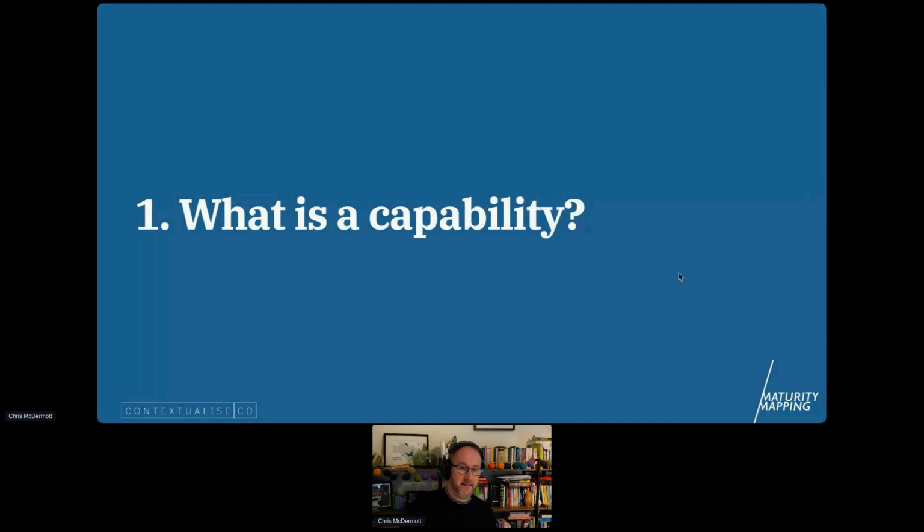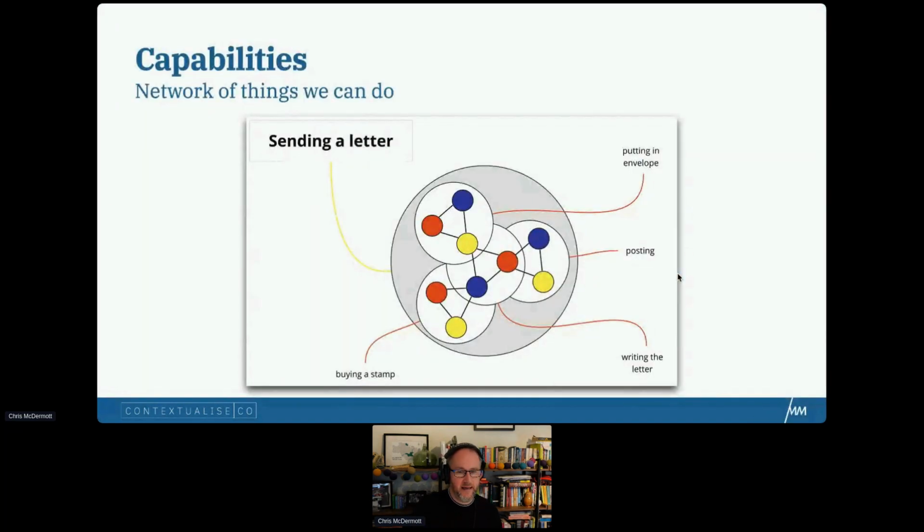What is a capability? Let's tick our way through. A capability is a network of things we do that interact to produce a capability greater than that of the individual parts. So let's repeat that again. It's a network of things we do that interact to produce a capability greater than that of the individual parts.